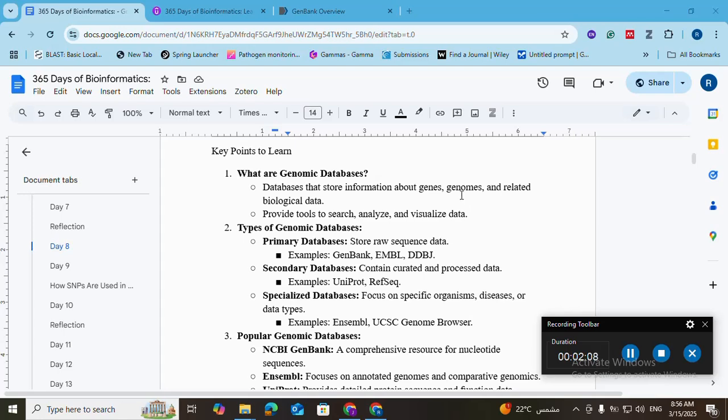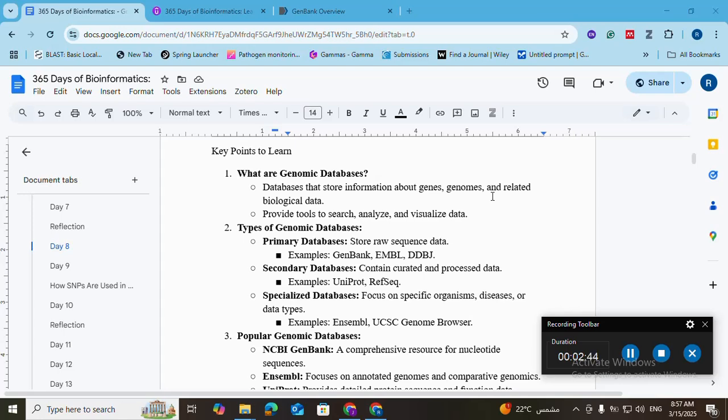Genome is the whole sequence of this organism, including the coding part, which will be translated and called genes, and the non-coding part, whose function we do not fully understand until now. We started to discover some of them, but we didn't understand it all. So it stores information about genes, about genomes, and related biological data.